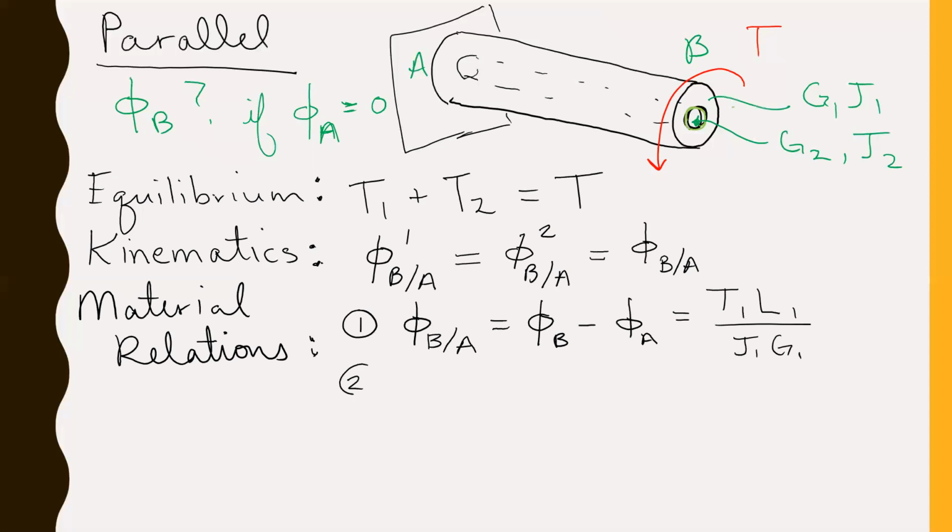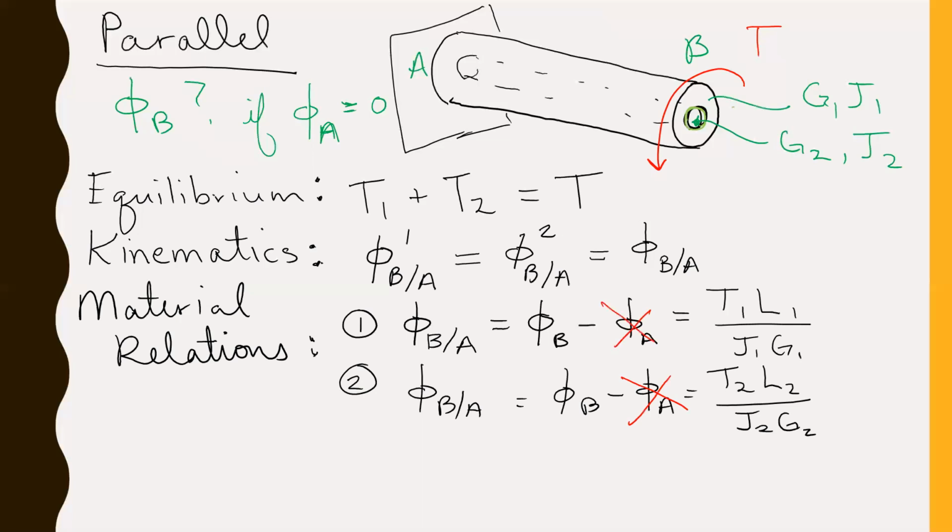And for member 2, the rotation of B relative to A, which is the rotation of B minus the rotation of A, equals T2 L2 over J2 G2. In this particular problem, A is fixed, so we know there is no rotation at A. So that goes to 0.